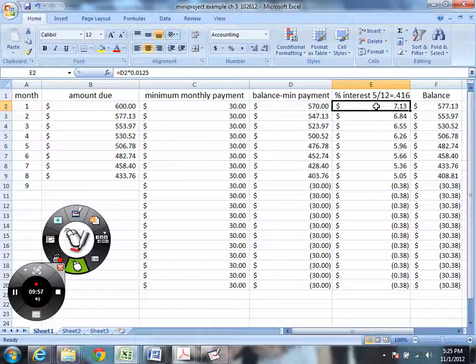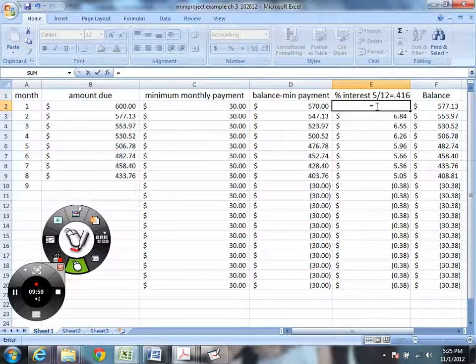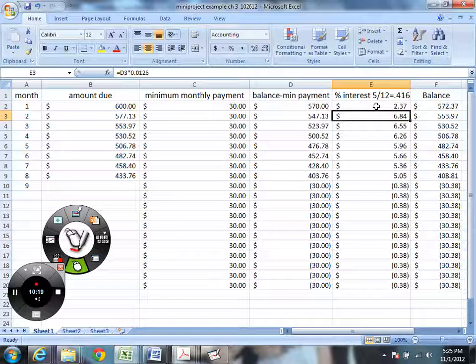So for this equation I got to fix it, I would do D2, and then I would multiply that by, I have to move a decimal place over 2 spots, so it'd be 0.00416. Would that be right? Yep, move it over 2 spots, boom. Now my interest wouldn't be very much, it would only be $2.37, so see how that fixes it? So that would be pretty quick.